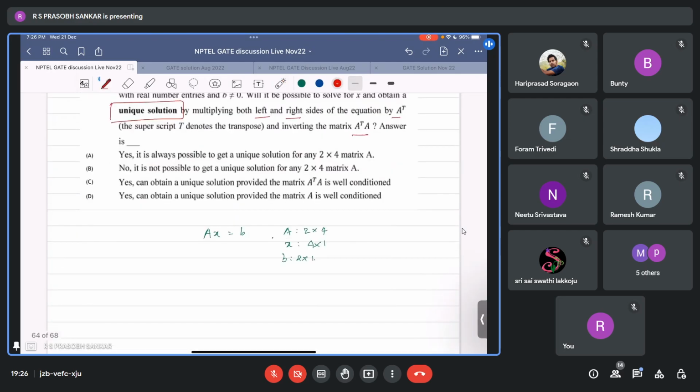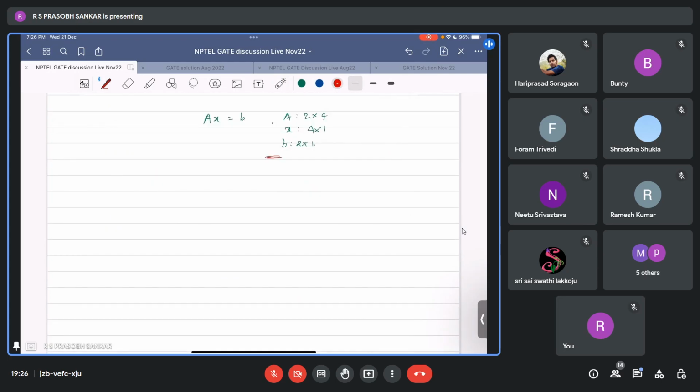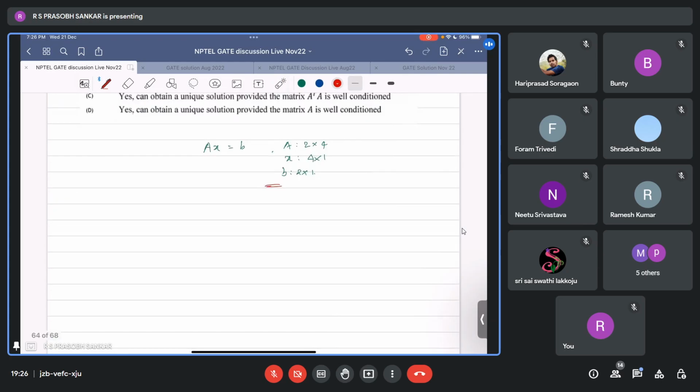There are two ways to solve this question. This is actually a simple question. For a unique solution, we need rank of A to be the same as rank of A augmented with b, to be the same as n.